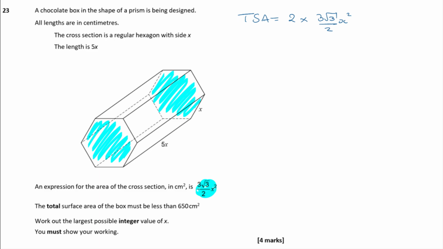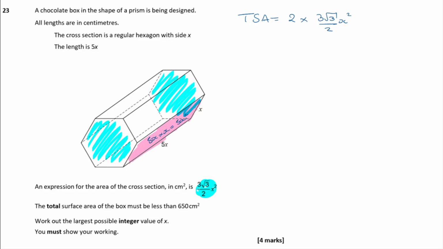Now, as well as that, we've got a number of sides, rectangular sides, haven't we? So we've got this one here as one example. That one is x times 5x, so this is 5x times x, which is 5x squared.